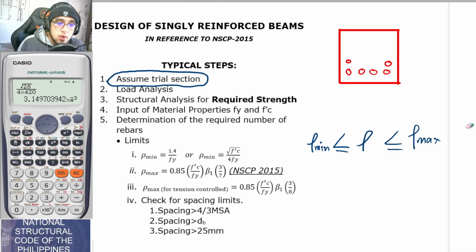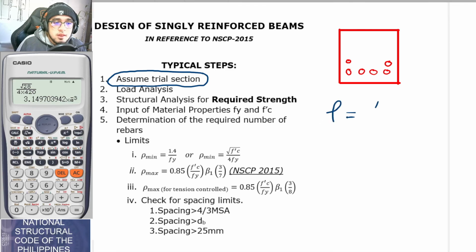But is there a way for you to compute the limits without making use of your rho? The short answer, yes. You can also compare them using the area of the steel. So once again, your rho is equal to the area of the steel divided by the width base times the effective depth. With that, your As is equal to rho bwd.